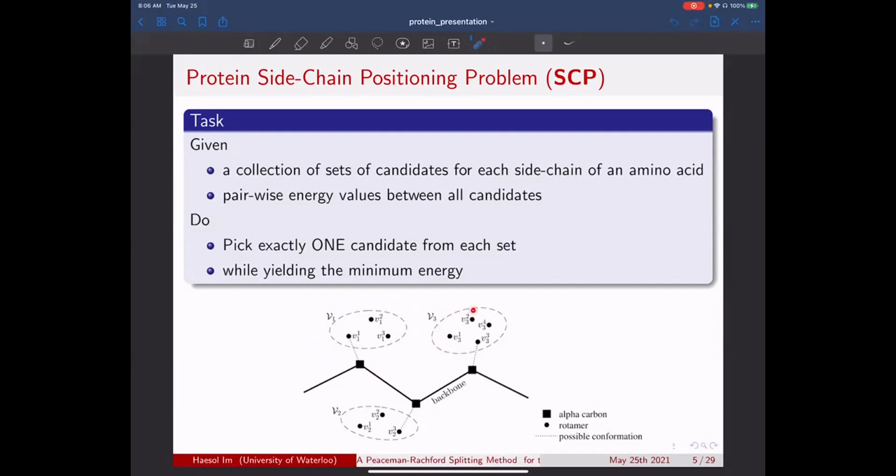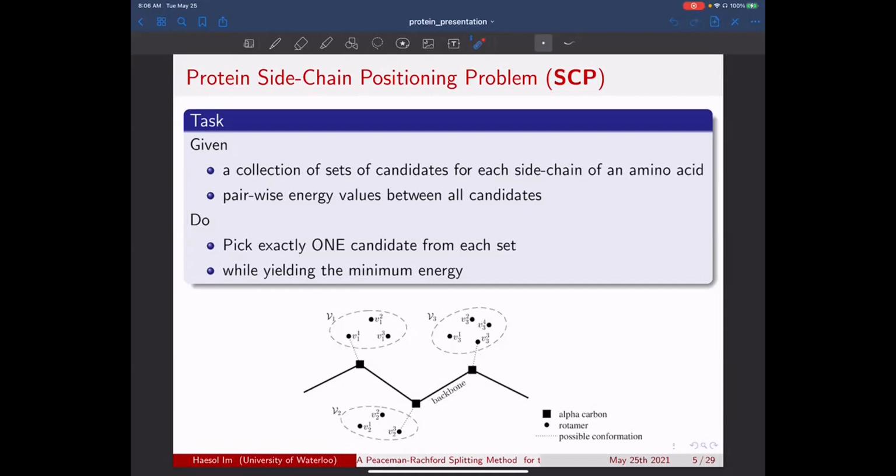Similarly, we are given 4 candidates that can be chosen as a side chain of this particular amino acid. And what I mean by pairwise energy values is that when I look at this node and this node, there is an energy value between these 2 nodes. So it's like having edges in a graph, and these are weights on the graph edges.